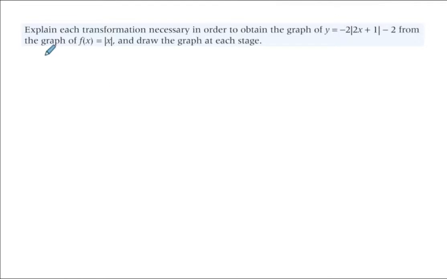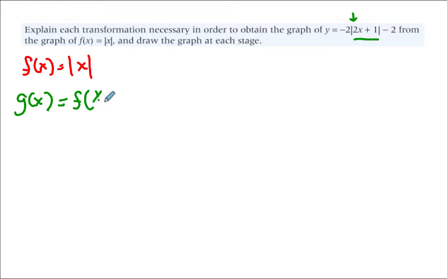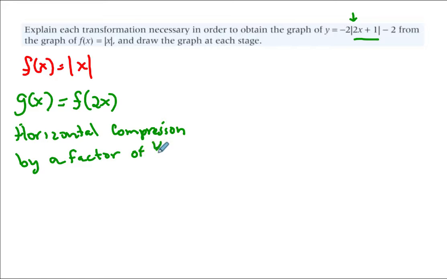Let's do one more example. This time our parent function is the absolute value of x, so f of x is defined by the absolute value of x. Now we start with our parentheses or the inside function, and so we're going to deal with that 2 that we're multiplying the inside function by, and that tells us that we're going to have a horizontal compression by a factor of 1/2. In function notation, our new function g of x would be equal to f of 2x.